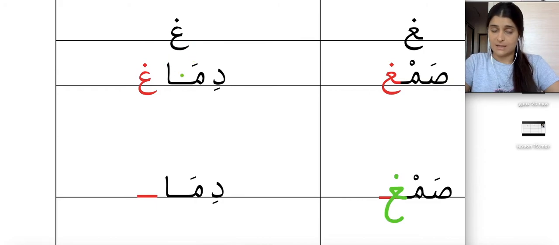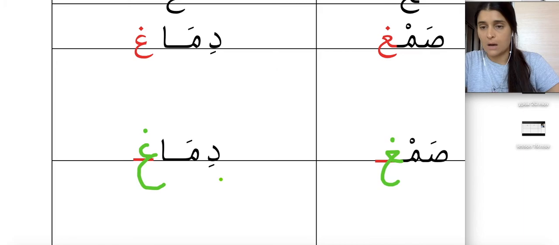When it is by itself in the word Dimagh, which means brain, here we have letter Ghain. In the playlist A0, it is not important for you to know how to translate these words because the most important thing for you in this playlist is to learn how to read and to write.